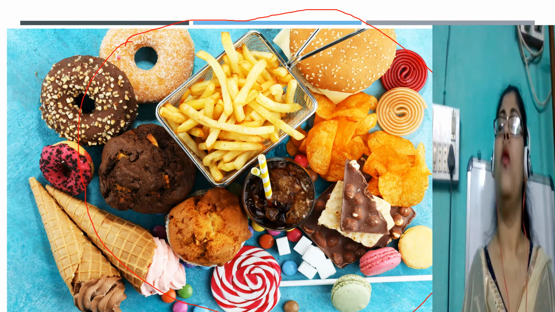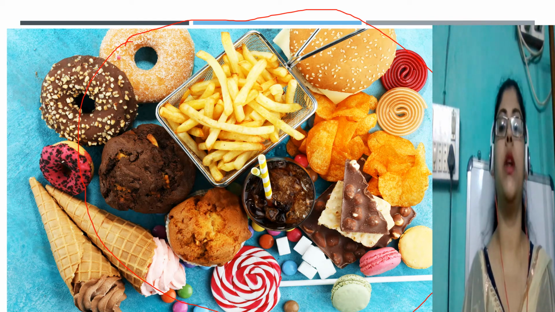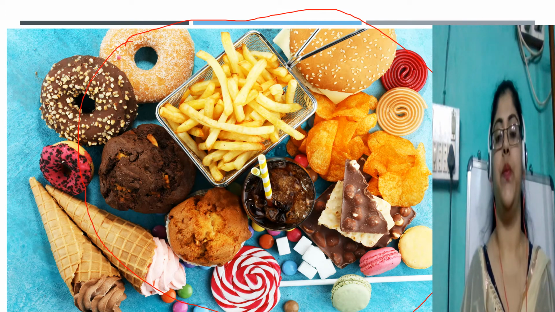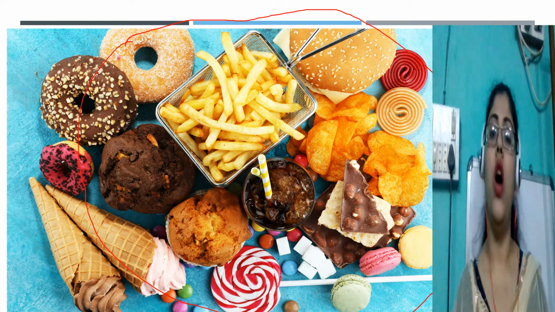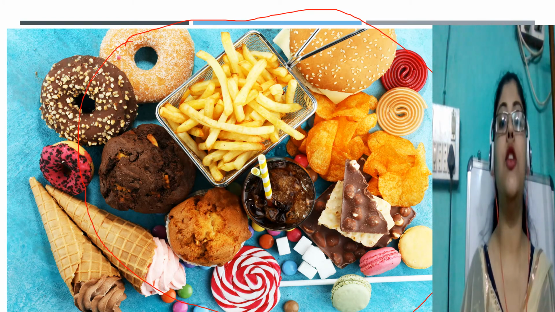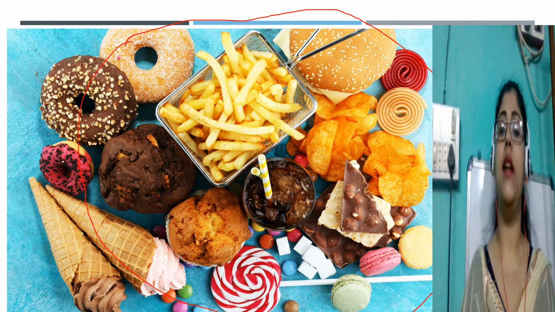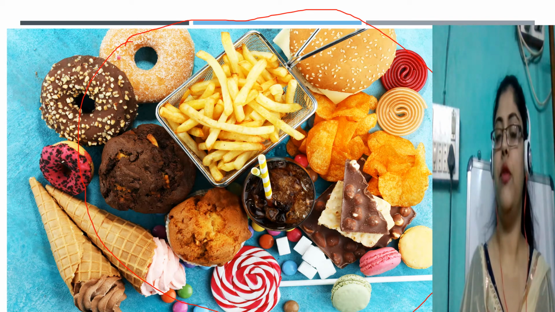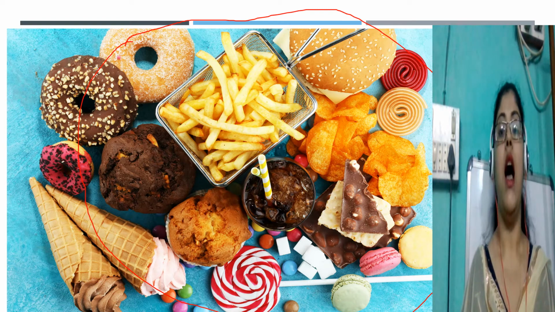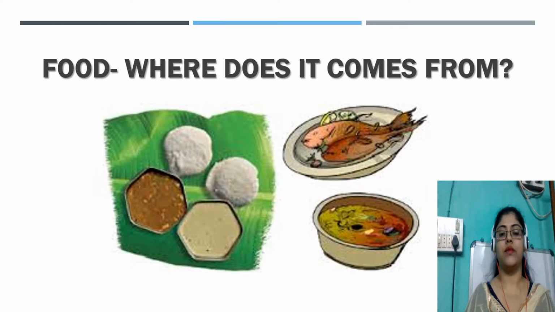Just tell me why I have put this picture in front of you. So yes, I hope you all have written your answer and very good, you all are right. This particular image belongs to different food items, and with this our chapter name is also Food. Where does it come from?